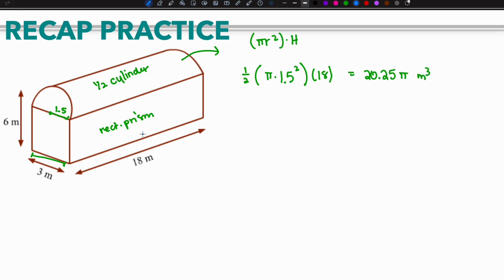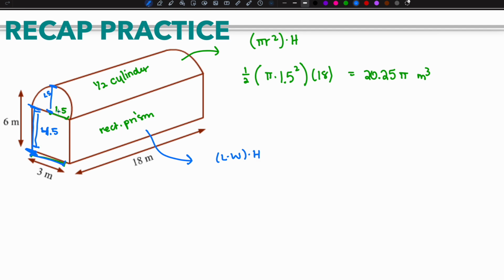And then if I do the rectangular prism, which is length times width and then the height of the whole thing, okay, so here's the deal. The height is 18. So if I do a length of 3, I need to find my width, or if this is my length and that's my width, it doesn't matter. Here's the deal. If 6 goes all the way to the top, and this part is 1.5 from here to the very top, that means from the base up to this point is going to be 4.5. 6 minus 1.5 is 4.5.